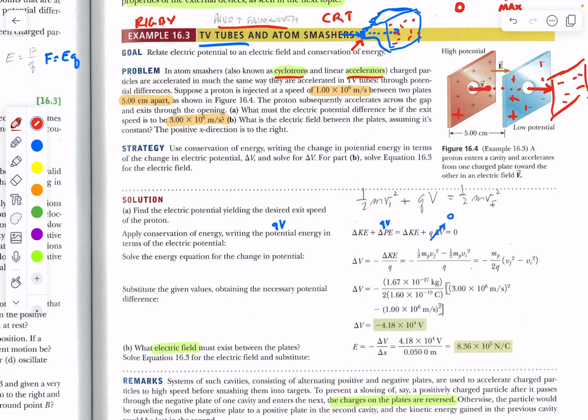And so my charged particle starting here accelerates. We reverse the charge on this plate, make it positive, and we accelerate it some more through another hole. And we just keep doing this over and over and over through many charged plates with holes in it until my charged particle is moving at near relativistic speeds, in this case 3 million meters per second. And that's how we accelerate these particles.